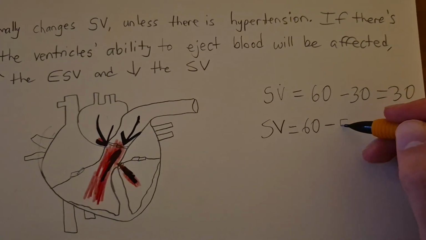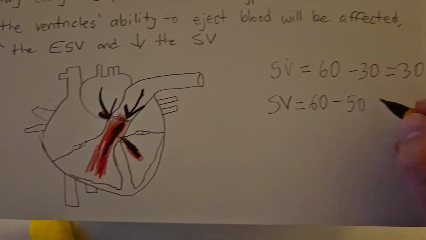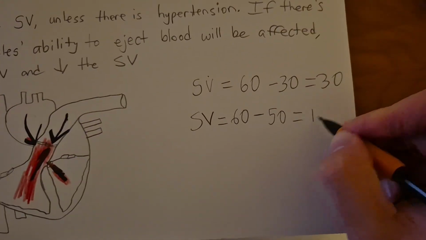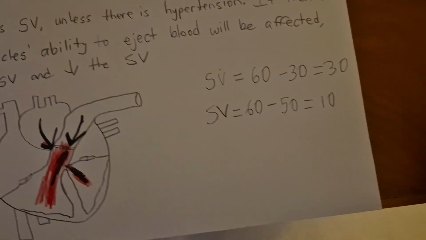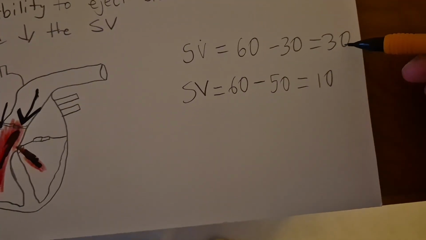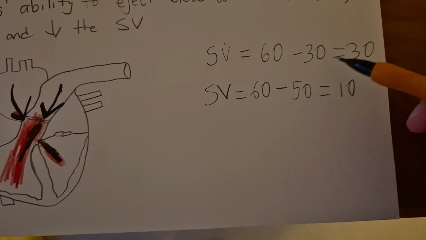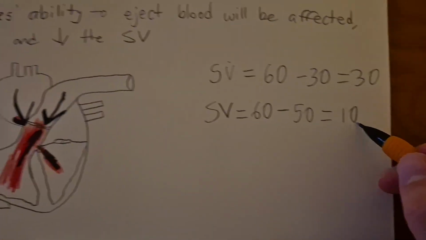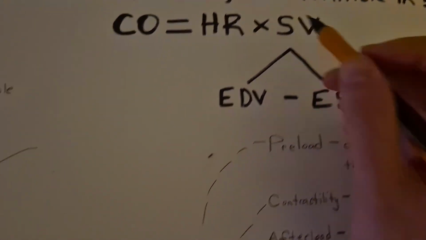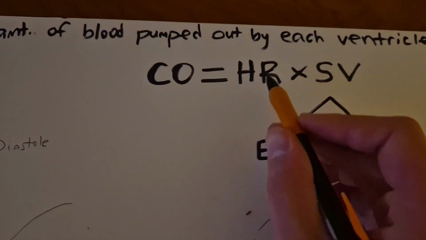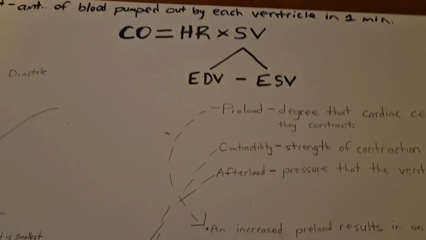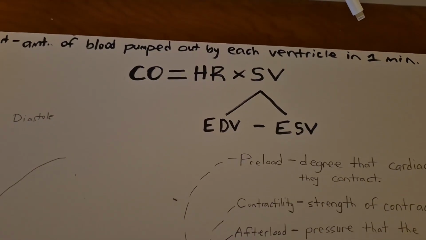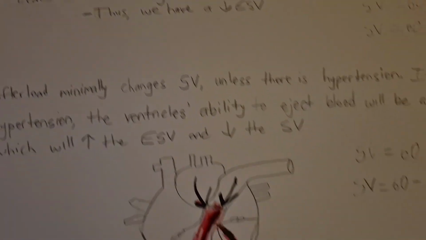We'll say it's like 50 now because of this hypertension, which gives us a difference of 10. And so now you see how the stroke volume decreases when the end systolic volume increases. And so this 10, you then plug it into here, and then depending on your heart rate, the cardiac output would go down in this case because you're decreasing the stroke volume.